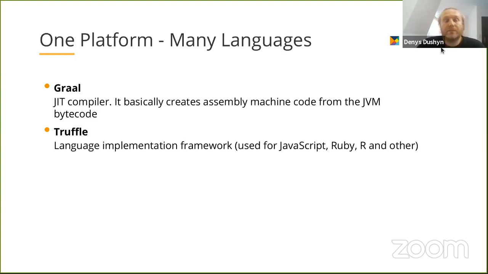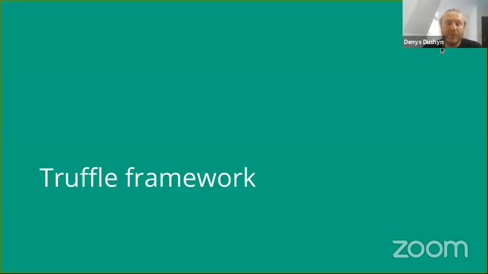So it's a Graal just-in-time compiler that can create assembly code, install it in code cache inside the virtual machine. And the second one, it's a Truffle framework. It's, as I said before, a language implementation framework. And currently GraalVM has built-in interpreters written with help of this Truffle framework.